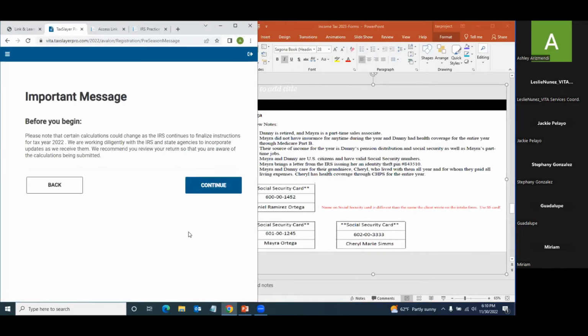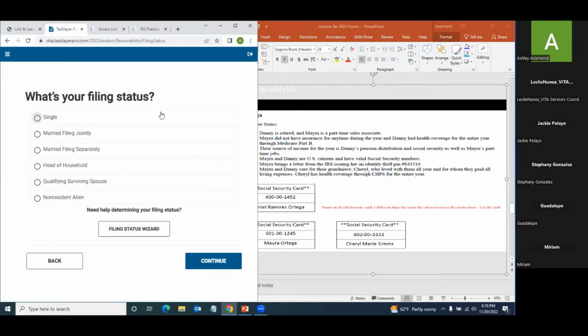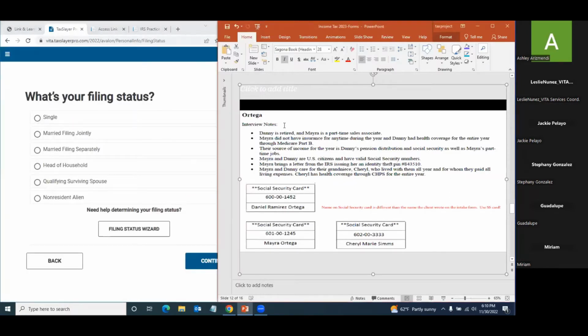We're going to click continue. Is everybody on the same page? Here, we're on the filing status page. Is everybody there? What do you guys think his filing status is going to be?